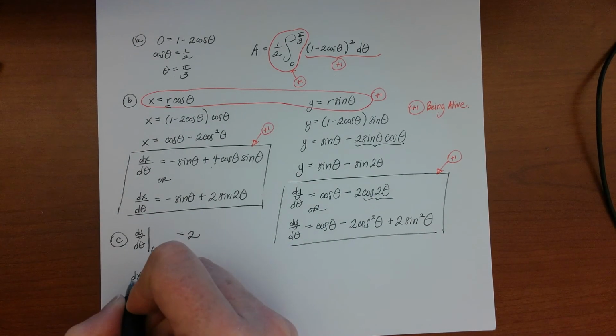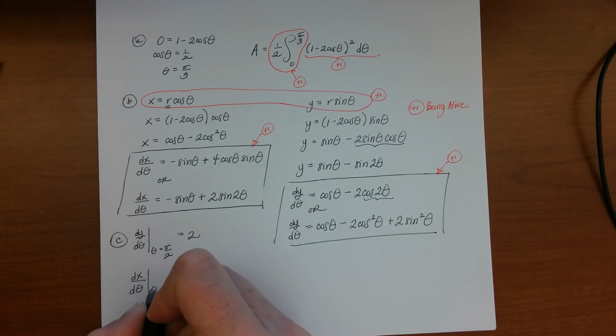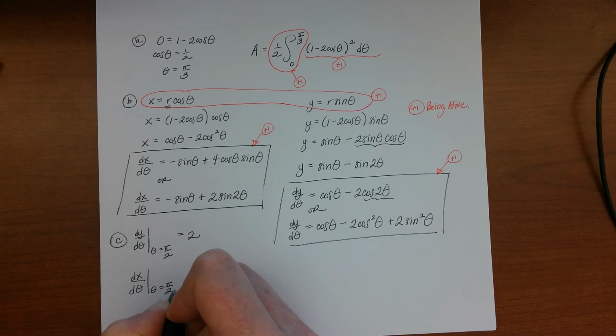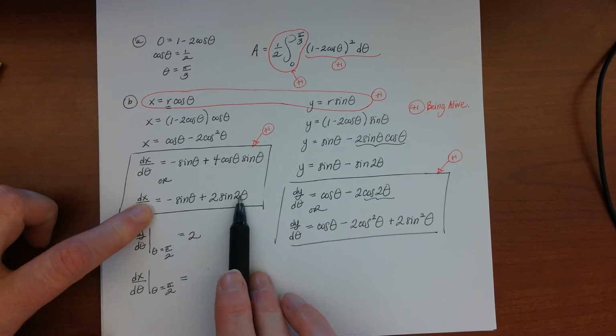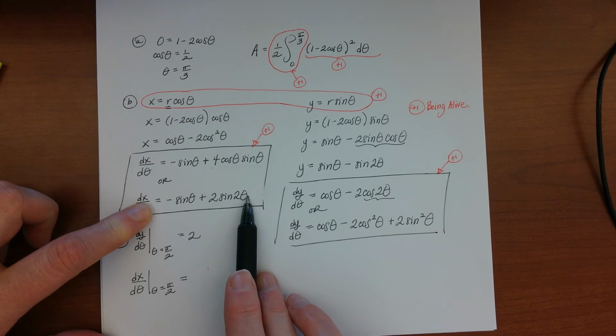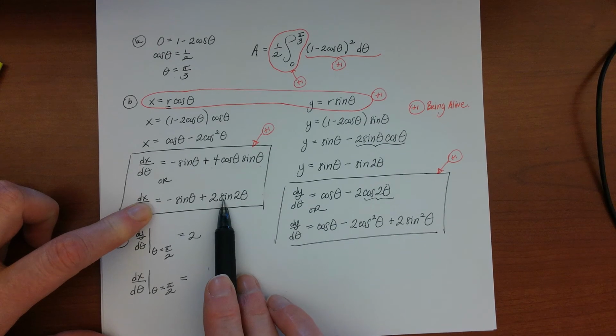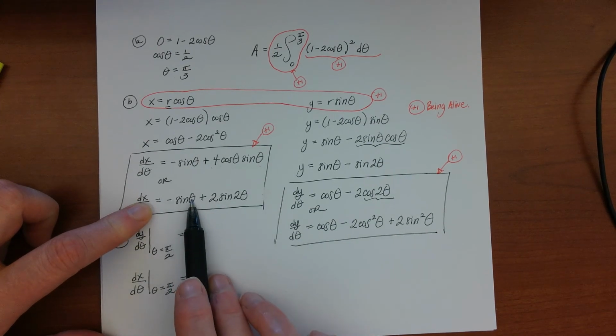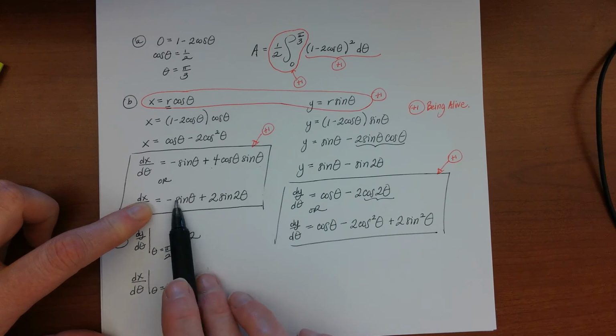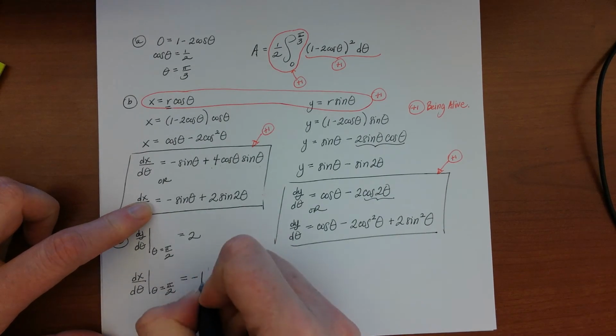Okay, dx d theta when theta equals pi over 2. You could plug pi over 2 into either version. I kind of like this one. So 2 times pi over 2 is pi. Sine of pi is 0, so that whole thing's gone. And then sine of pi over 2 is 1, but then you're negating it, so -1. There we go.